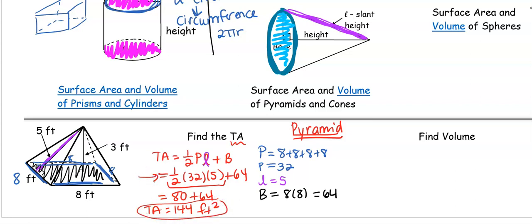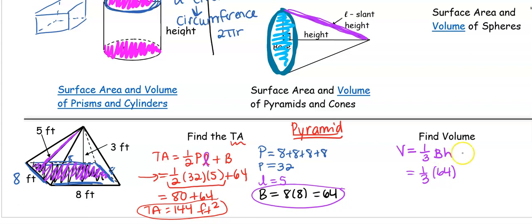Now that was total surface area. We still have this pyramid, but we want the volume this time. So again, we look at our formula sheet, we look at the volume for a pyramid, which is 1/3 base area times height. Big B is again base area, which we already found is 64.